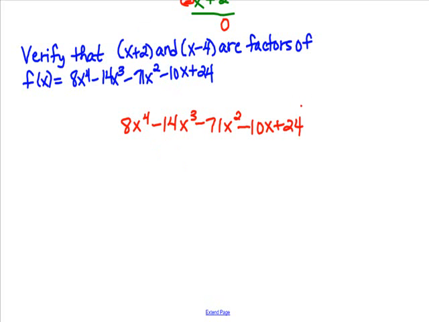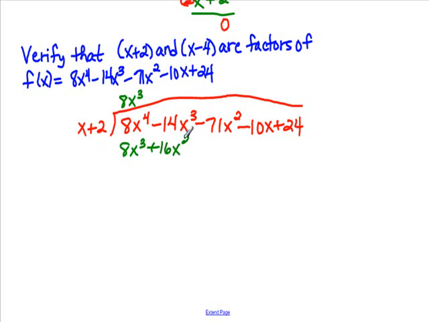So let's divide that whole thing by x plus 2. So we say x goes into 8x to the 4th, 8x cubed times. 8x cubed times x is 8x to the 4th. 8x cubed times 2 is plus 16x cubed.